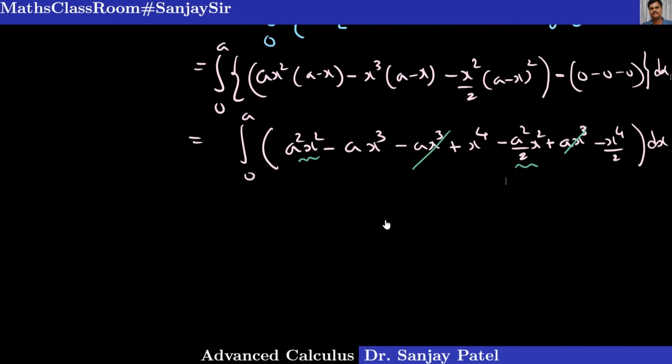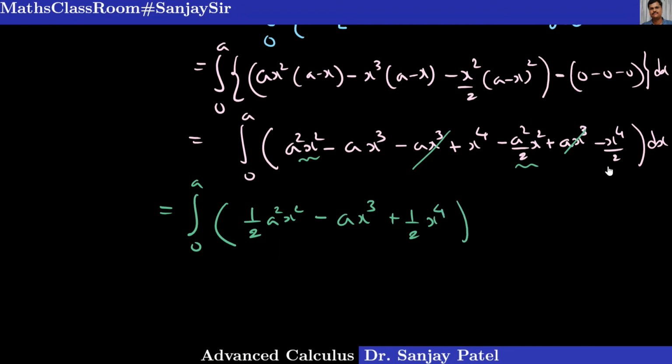So further simplifying, writing this as integral 0 to a into, first I'm writing a square x square minus this, so 1 by 2 times a square x square, then minus a x cube. Then x raised to 4 and minus x raised to 4 by 2 again becomes 1 by 2 times x raised to 4.